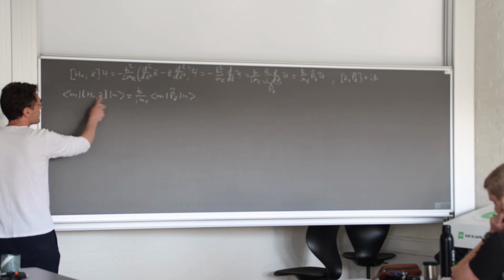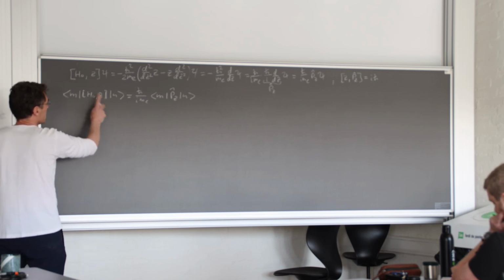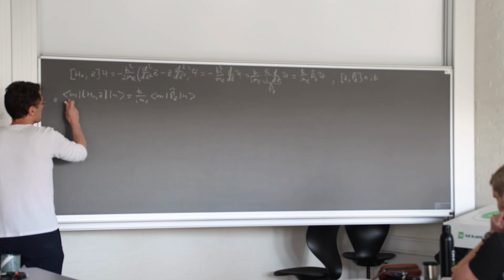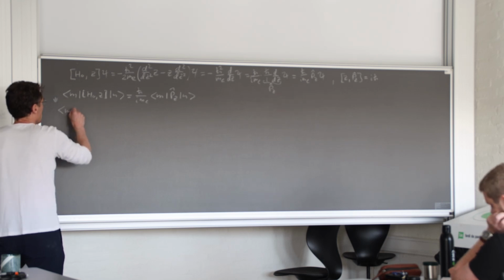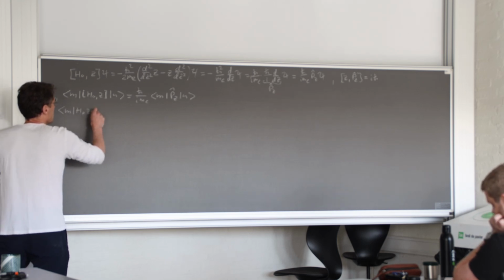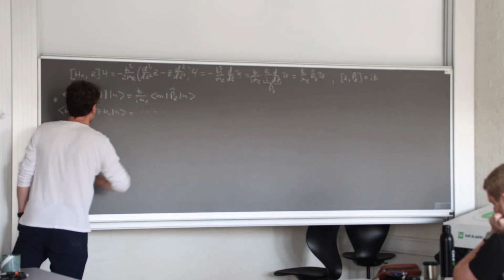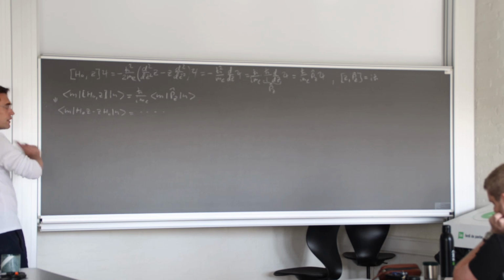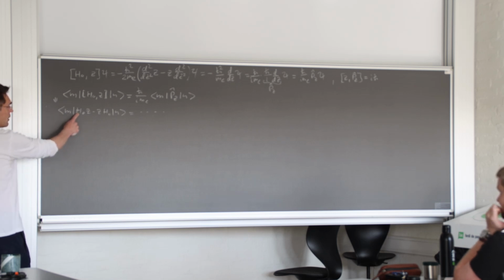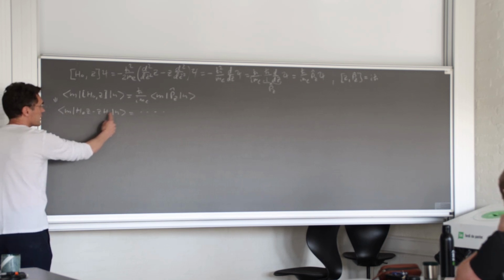But now instead of expanding over here, I can do something clever, because the left-hand side, of course, is m, h0 z minus z h0, n, equal to the same stuff. And then I can use the fact that h0 is Hermitian, so here I let it act to the left, and here I let it act to the right.